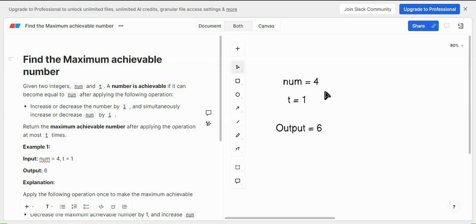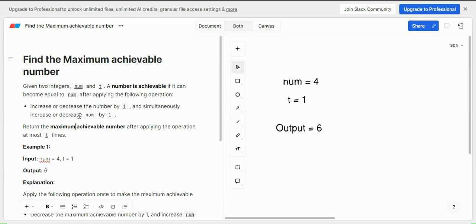That means if you increase the number by 1, then simultaneously you need to increase it by 1 again. And if you decrease the number by 1, then simultaneously you again need to decrease the number by 1.